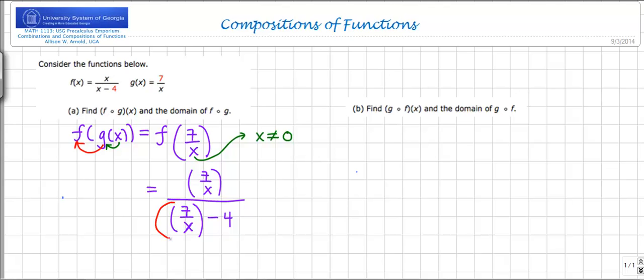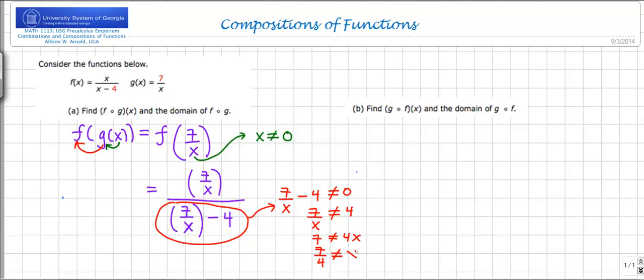F has a denominator of x minus 4, so when we substitute, we see that 7 divided by x minus 4 can't be 0. This leads us to 7 divided by x cannot be positive 4. So 7 cannot be 4 times x. So 7/4 cannot be the value of x.